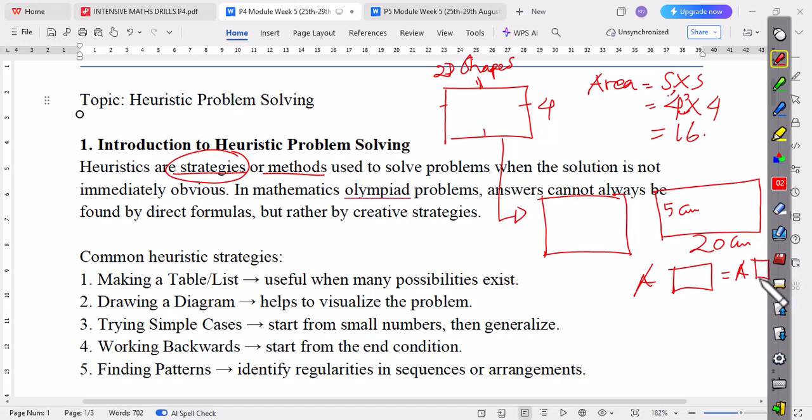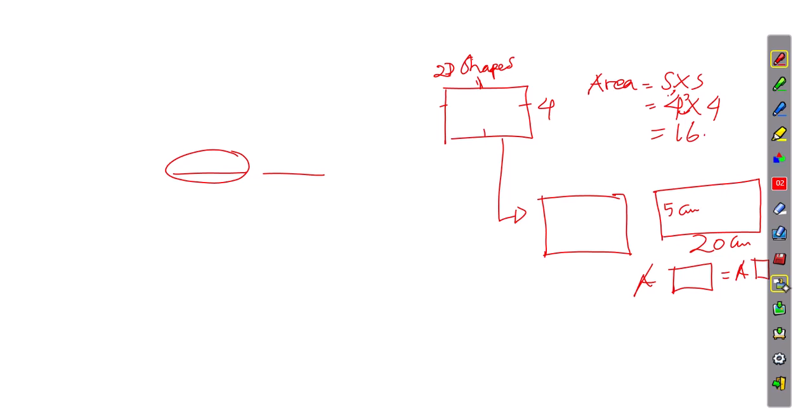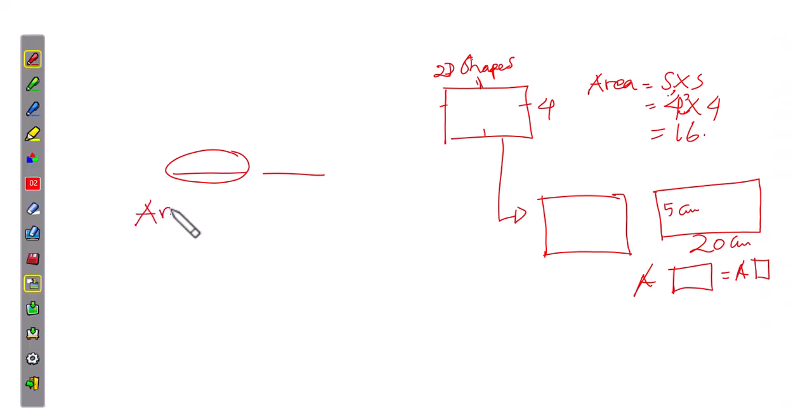Okay, let's see. Now we have that the area of the rectangle is the same as the area of the square.